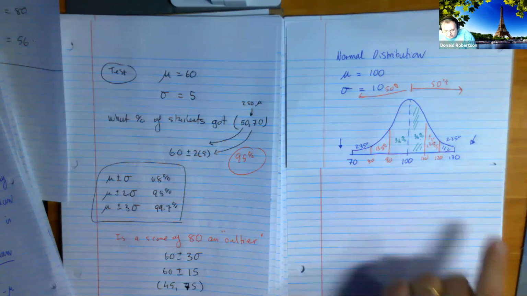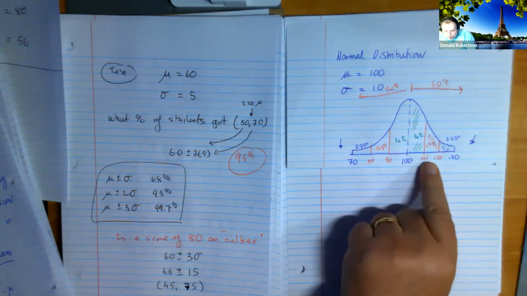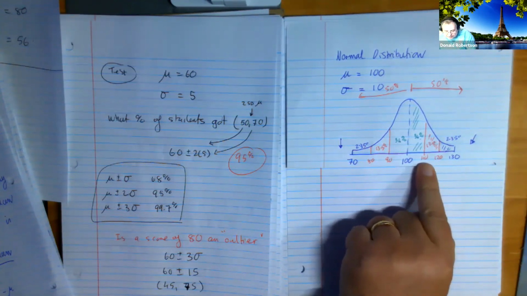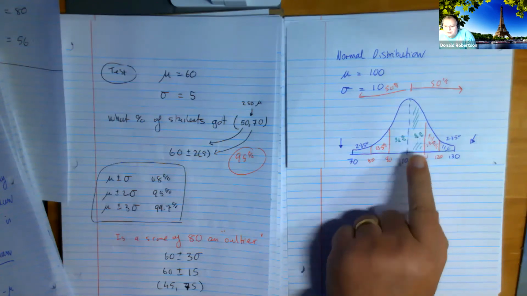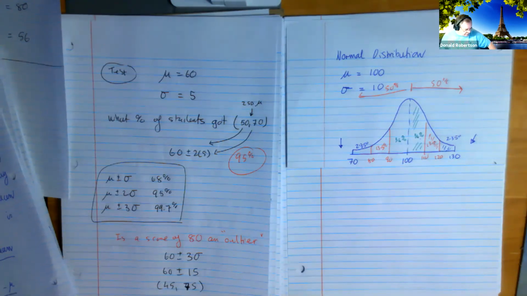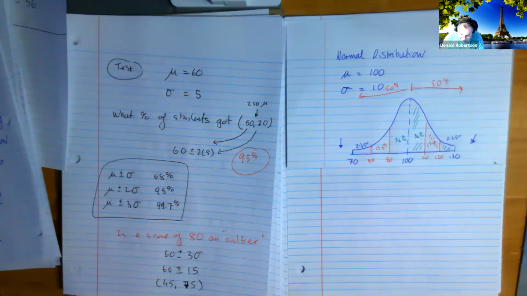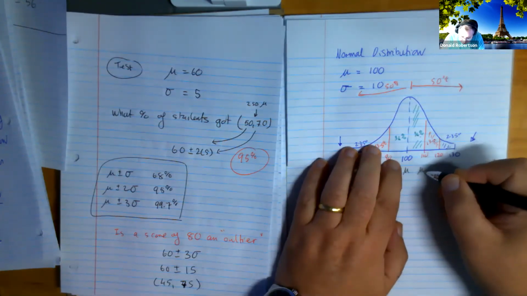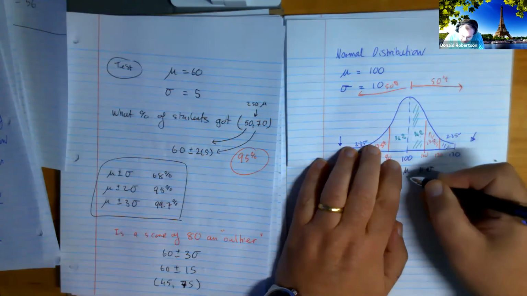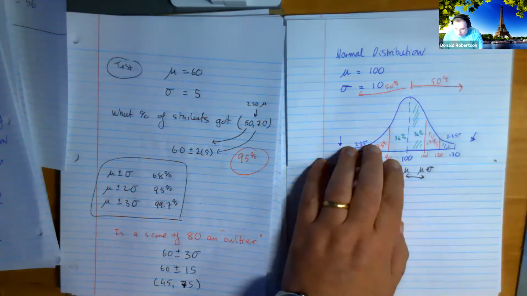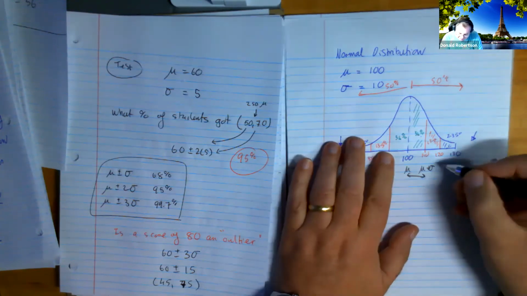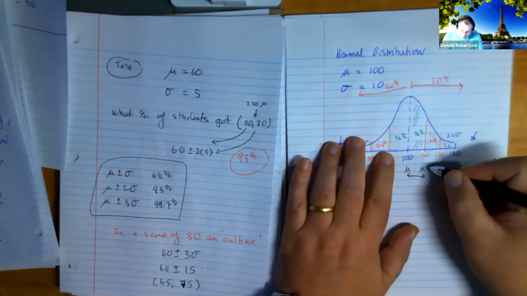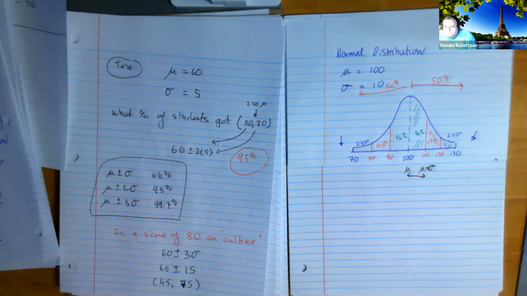So for instance, if you start with the mean of 100 and you go one standard deviation, so in this case from 100 to 110, 34% of people are going to be in that range. And it doesn't matter if that's 100 or whatever the mean is. If you do the mean and then the mean plus one standard deviation, everybody has 34% of the data in that range.